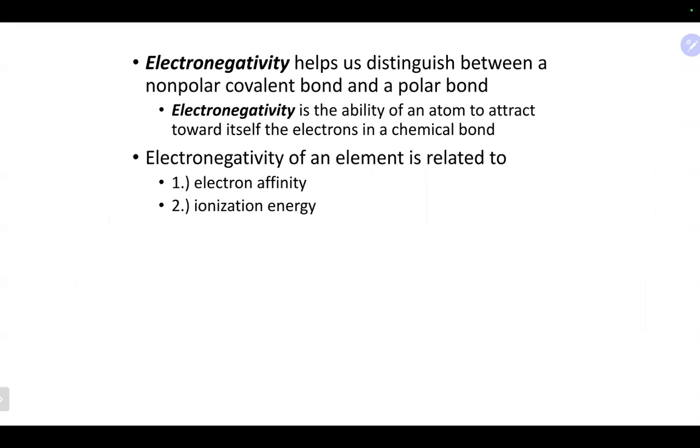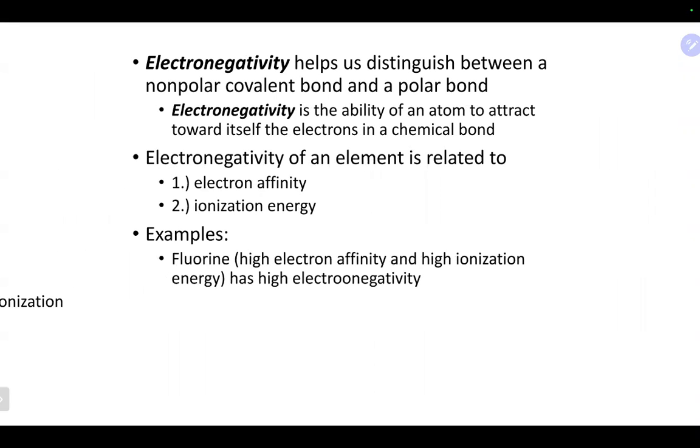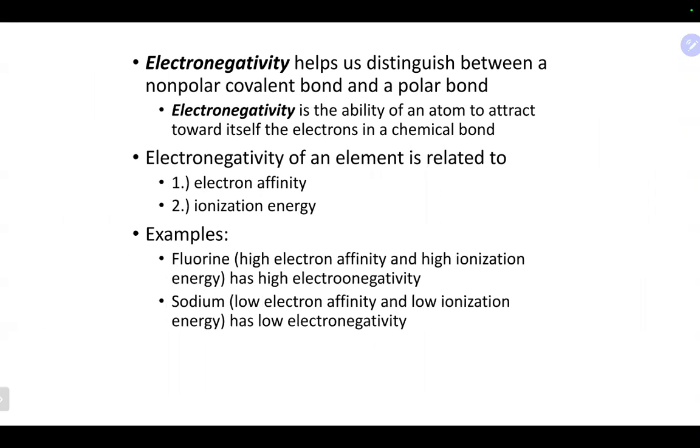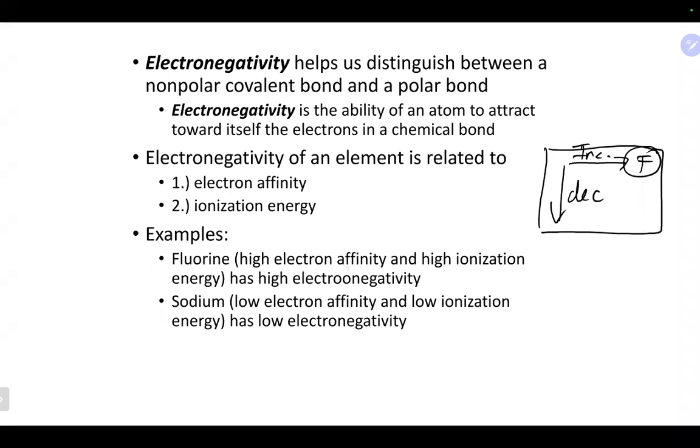As I mentioned before, electronegativity is the ability of an atom to bring electrons towards itself, and it's related to electron affinity and ionization energy. Once again, it increases this way, with fluorine being the most, and decreasing this way as well. So fluorine has high electron affinity, high ionization energy, and high electronegativity.